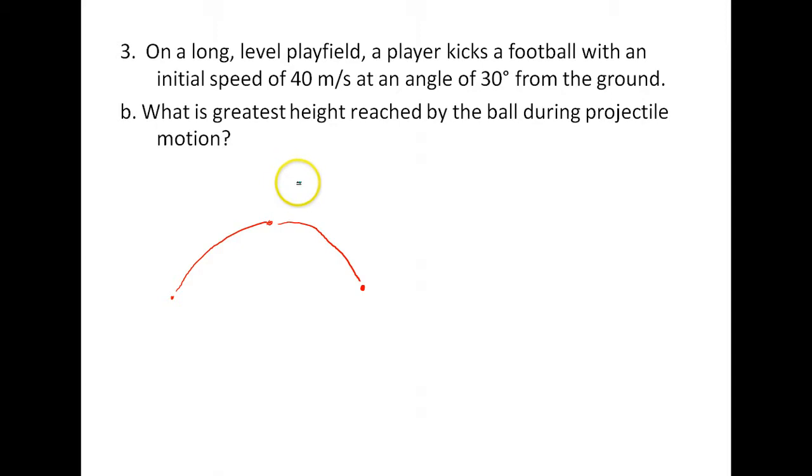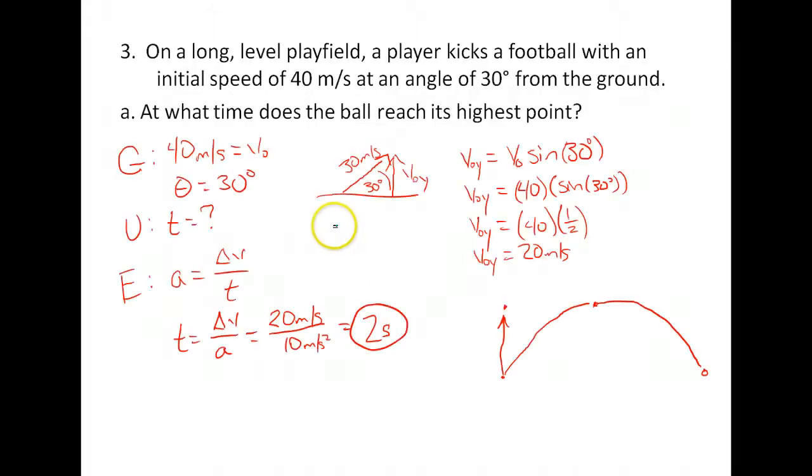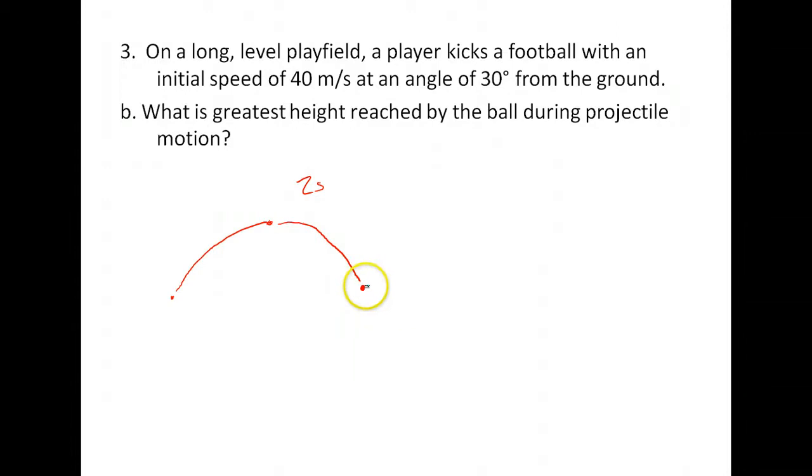All right, so we know again that it takes 2 seconds to get up here to the top. And we also know the vertical velocity we looked at already, 20 meters per second. Now we could consider it negative or whatever at this point, but it's going to be 20 meters per second in the downward direction.